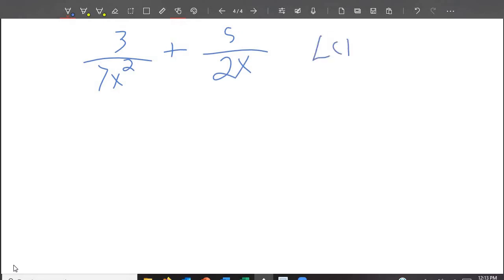All right, let's say we had 3/7x squared plus 5/2x. Now remember, the common denominator must have everything from the first denominator.